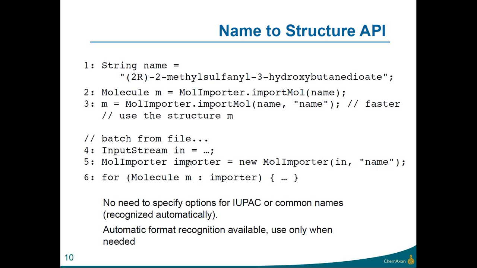Once you have the importer, you can use a for loop and just iterate for every molecule M returned by the importer. Here you have the body of your loop, and you can process the resulting structure.